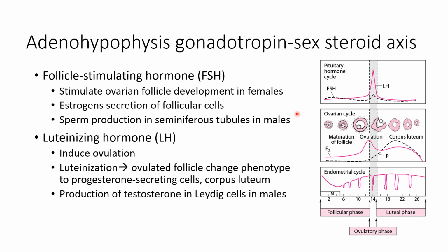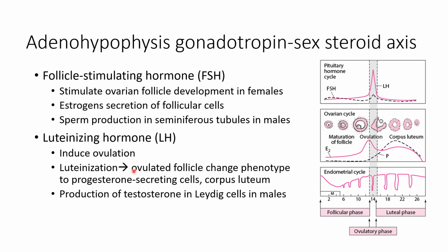in the seminiferous tubules. Whereas your LH naman, luteinizing hormone, in most species of animals, most mammals actually, induces ovulation, and at the same time does luteinization. So yung follicle wherein the egg has already ovulated changes its appearance and its function to become progesterone secreting cells.